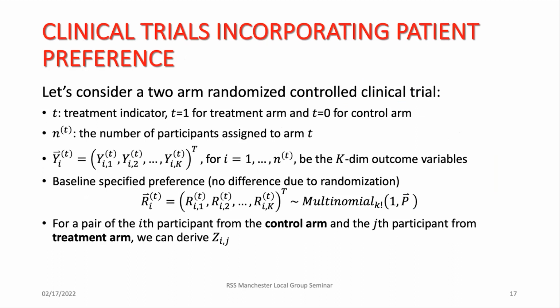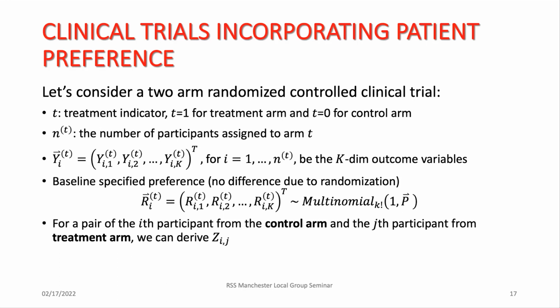So the basic concept is pretty straightforward. What we do here is include them into the clinical trial setting. Here we consider a 2-arm randomized controlled clinical trial. We put T as the treatment indicator, where 1 is the treatment arm and 0 is the control arm.